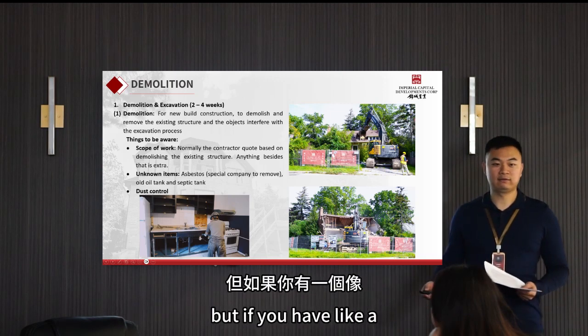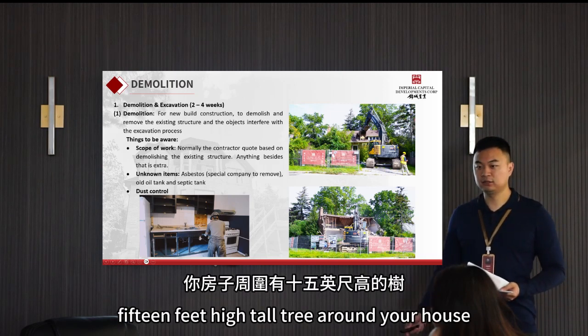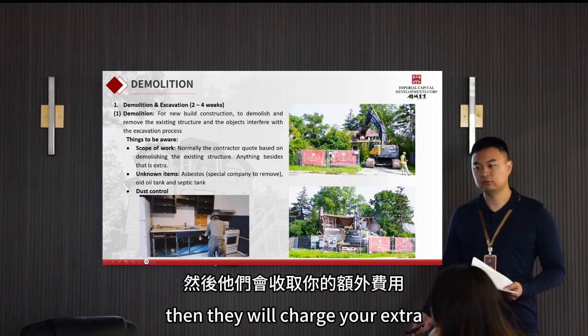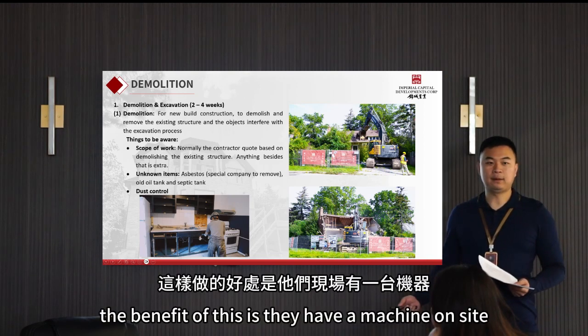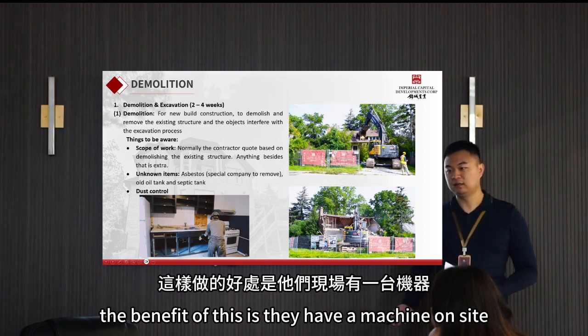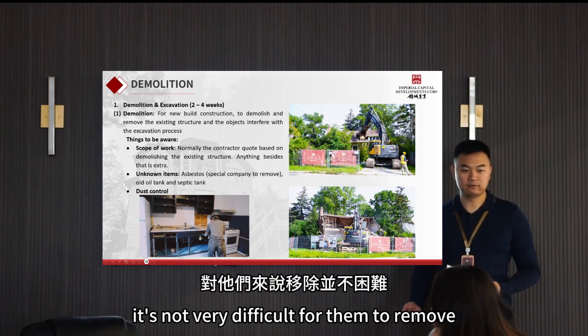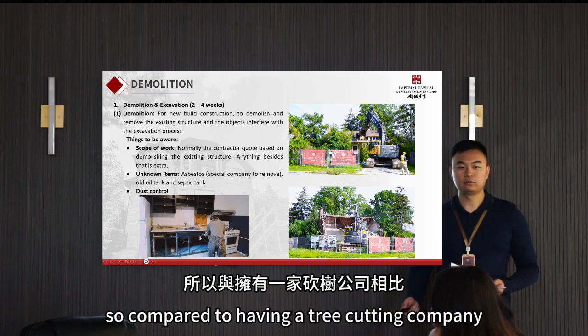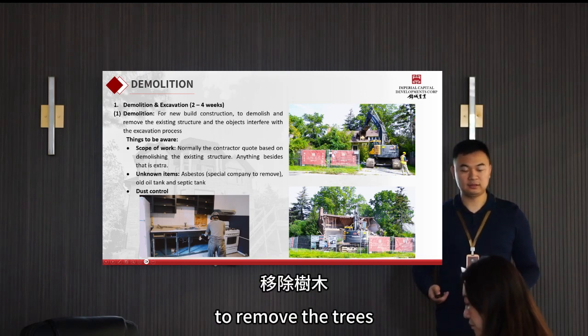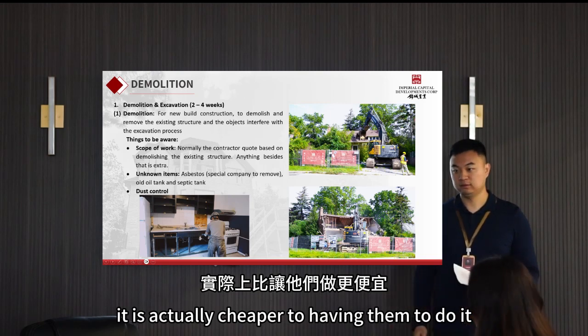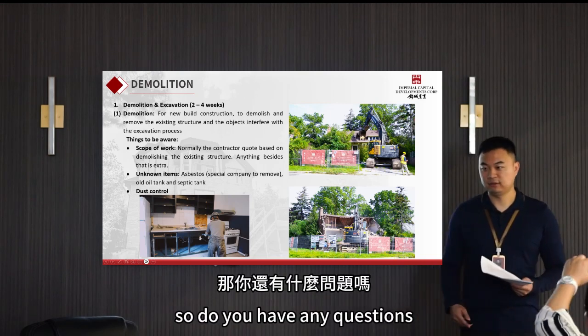But if you have a 15-foot-high tall tree around your house, then they will charge extra to take it out. The benefit is they have a machine on site, so it's not very difficult for them to remove. Compared to having a tree cutting company remove the trees, it is actually cheaper to have them do it. So do you have any questions?